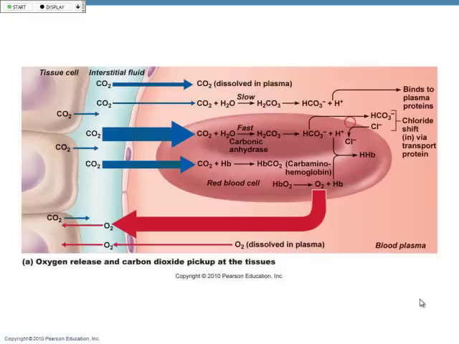Good. So carbon dioxide is going to meet up with water, and this is in the, what's this big red thing? It's not an inner tube, it's a red blood cell, to create something with the help of carbonic anhydrase. What's H2CO3? It's carbonic acid.